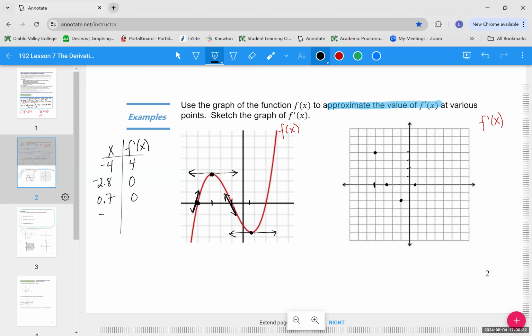So if x is -1, I'm approximating my derivative to be -2, and I've filled that in over on my derivative graph. And let's do one more somewhere over on the other side here. We could even take x equals 2.